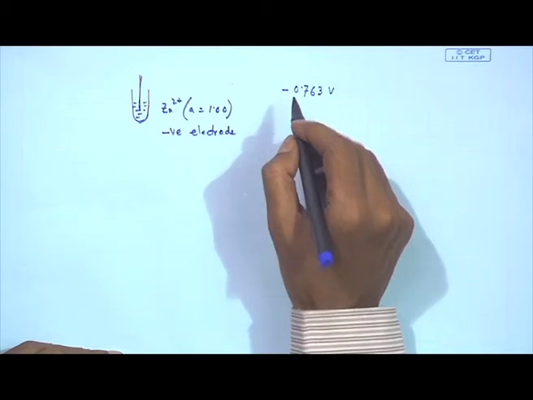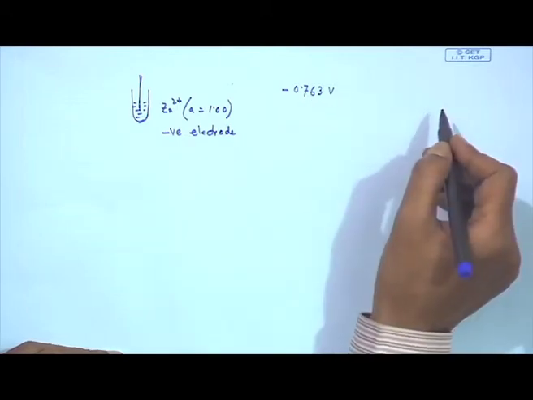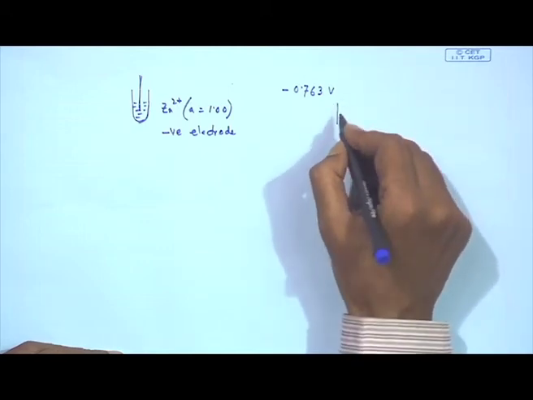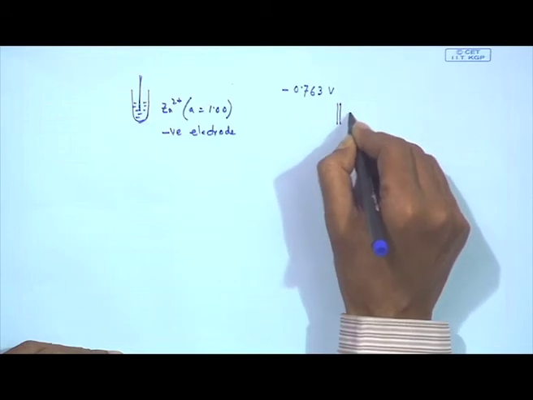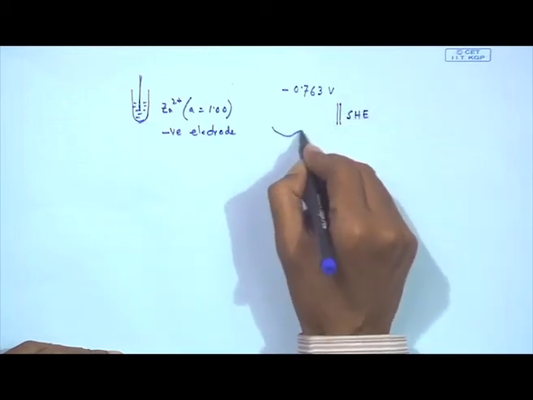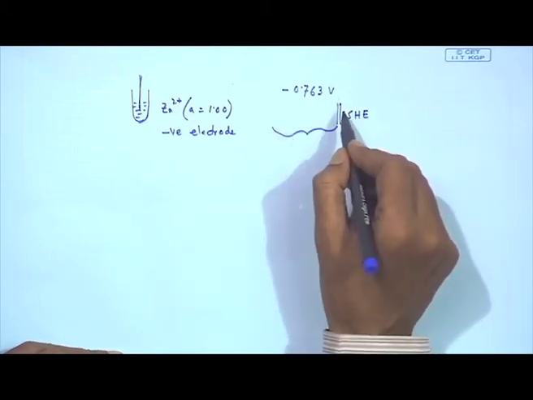So, the left hand electrode is paired with SHE. Now, SHE will be on the right hand side. What we have seen earlier is your SHE on the left; now your SHE will be on the right hand side, and your cadmium as well as the zinc electrode will be on the left.